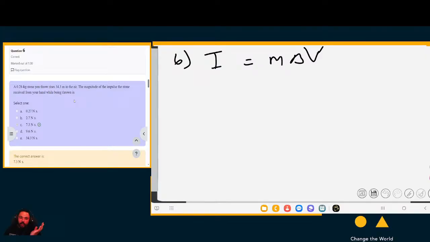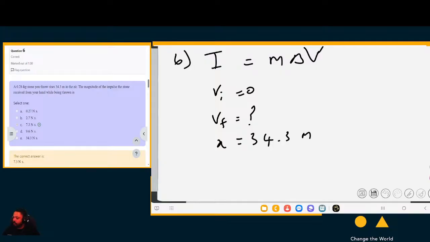It was initially in your hand and then it was thrown upwards, so v initial is 0, while v final is what we want. But we have the distance that it is thrown, so we have x, 34.3 meters, if I remember correctly. Yes, it is.